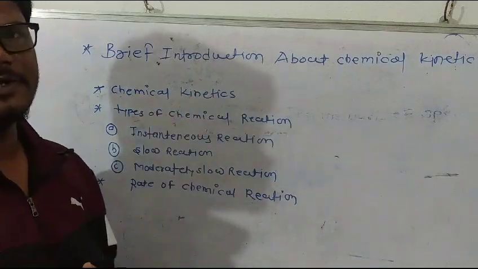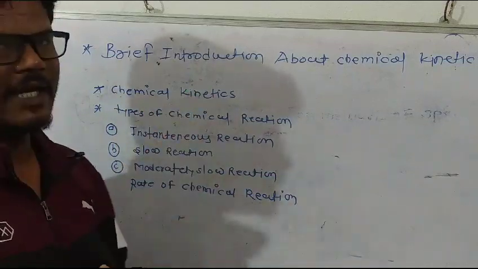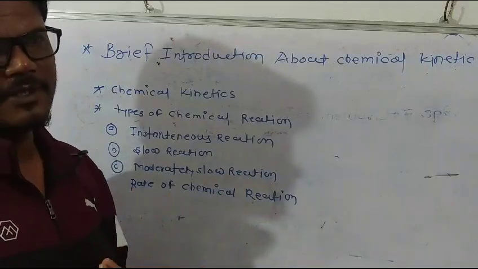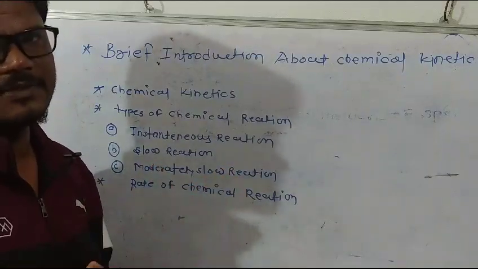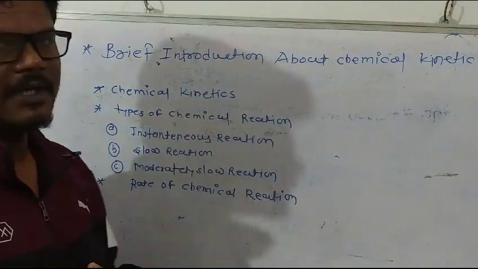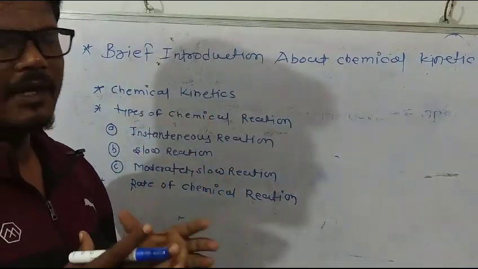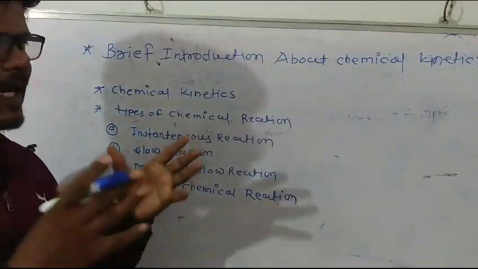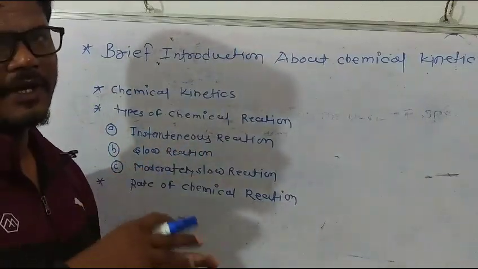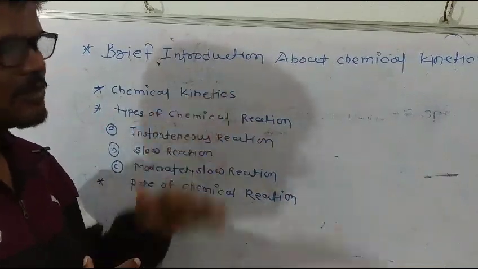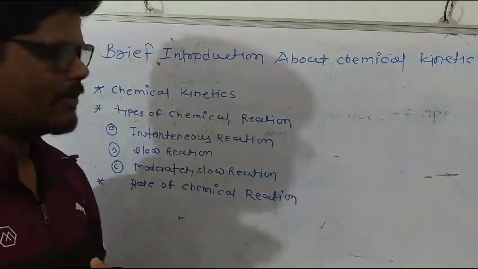First of all, we will try to understand chemical kinetics. Actually, chemical kinetics is nothing but the branch of chemistry, especially a branch of physical chemistry, which deals with the rate, speed or velocity of any chemical reaction. The factors which affect the rate of reaction are also involved in the field of chemical kinetics.